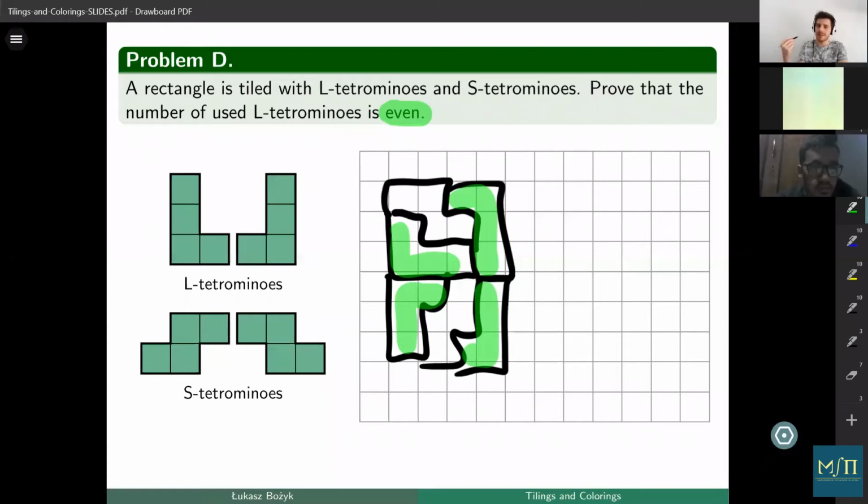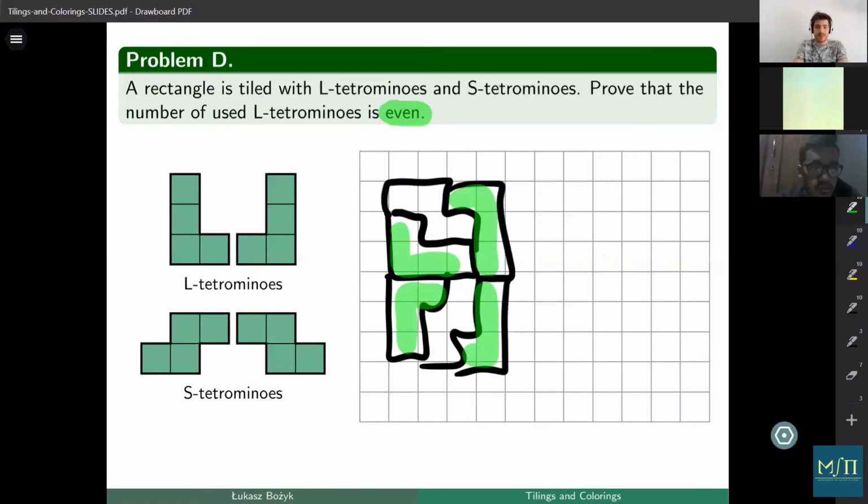And develop a parity condition. I mean, the distinguishing should involve parity somehow. So, for example, if we try to color the grid in a way that all S tetrominoes cover, I don't know, an even number of shaded cells, and all L tetrominoes cover an odd number of shaded cells, right?